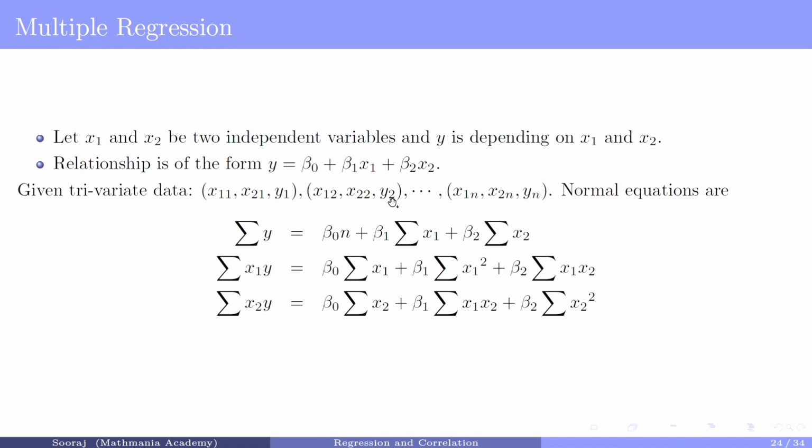Here we need trivariate data. Once we have it, we fit it in this form. Then we define the error term, and when we differentiate it with respect to the constants beta naught, beta 1 and beta 2 and set it equal to 0, we end up with normal equations of this form.